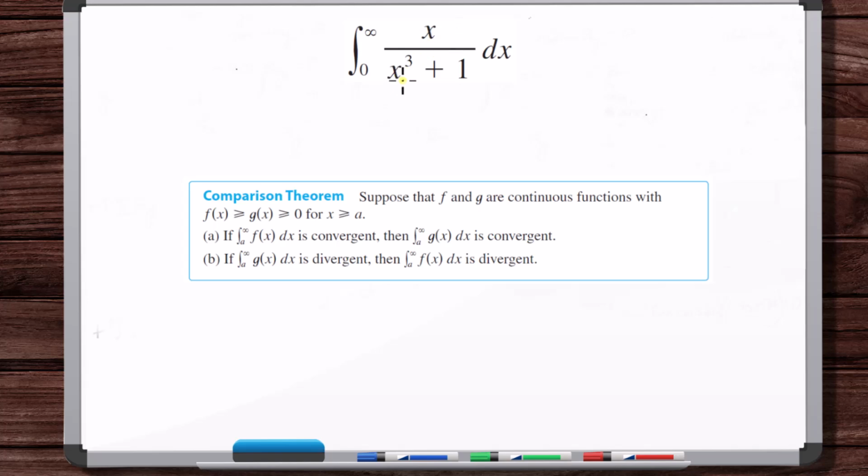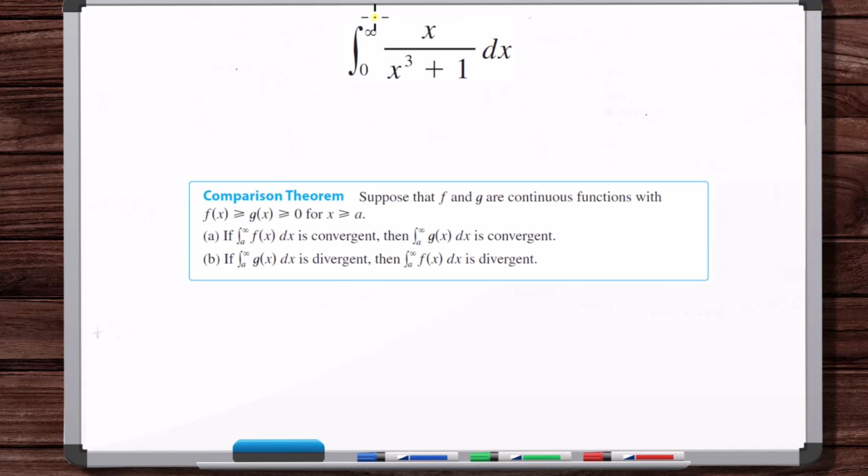Now, one thing to note is that you might get a problem where the integrand is not defined at, like, 0. Well, you can then just do the comparison theorem going from 1 to infinity. And if you find that it's convergent, then as long as you can verify that going from 0 to 1 it's a continuous function, the whole thing must be convergent, right?